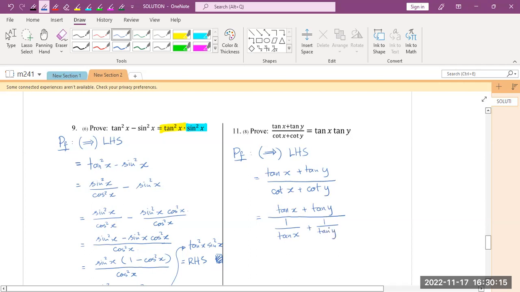Like this, right? Now notice that we have complex fractions again. Then what is the next logical step to do? Well, multiply by the LCD, which is tangent x, tangent y.